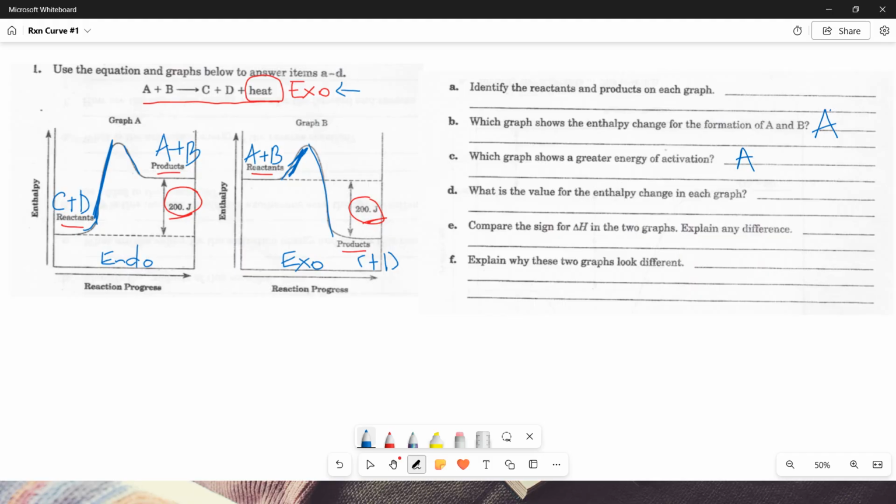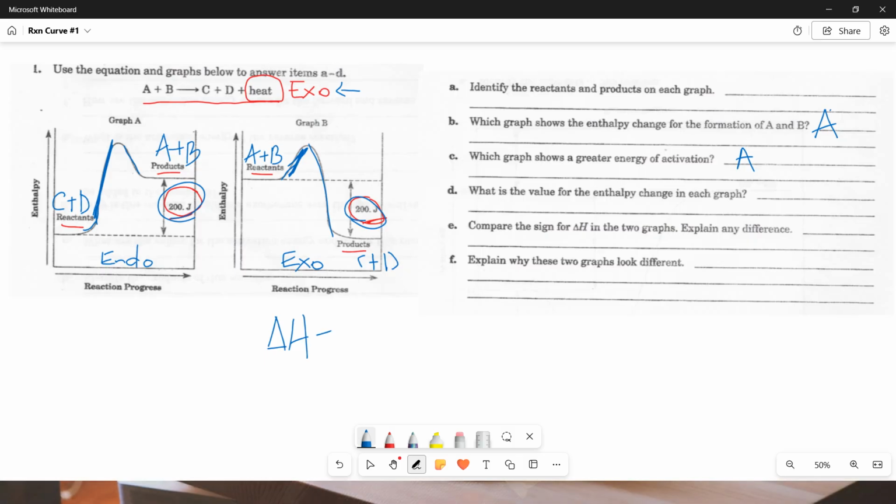And question D says, what is the value for the enthalpy change in each graph? Well, it's 200. Enthalpy, which is labeled delta H, is going to be the products minus the reactants.